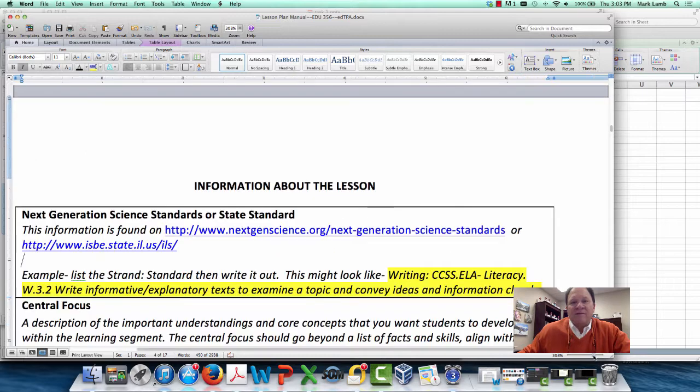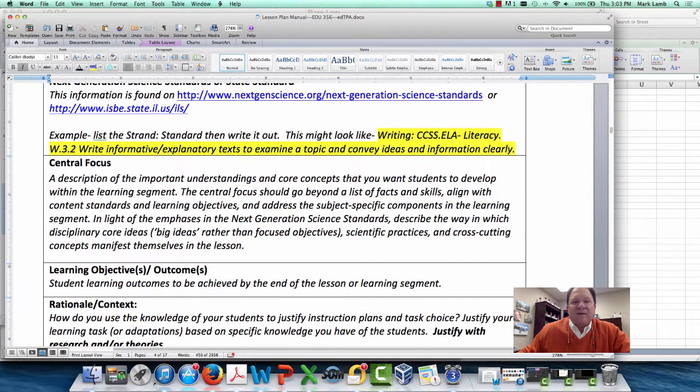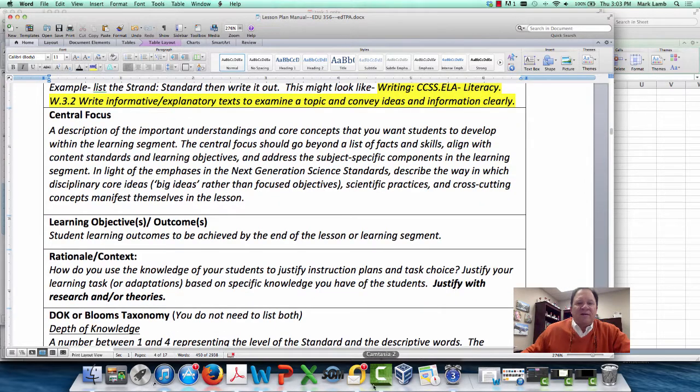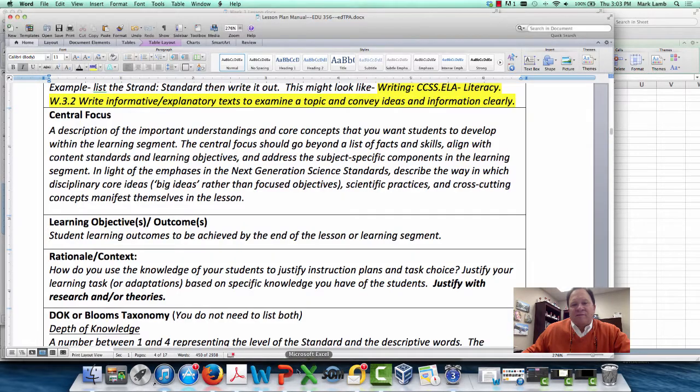Let's see if I can make this a little bit bigger. Okay, so we're going to identify a central focus. The central focus is going to be a description of what it is you're going to be covering.